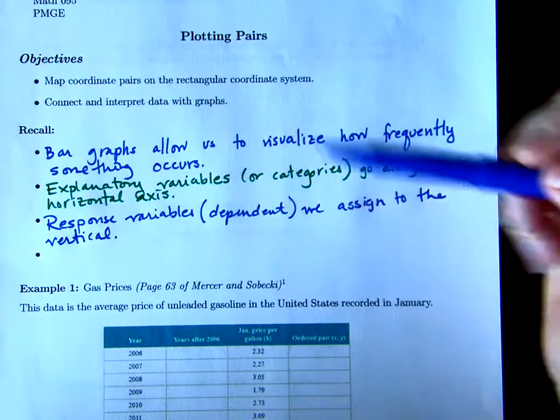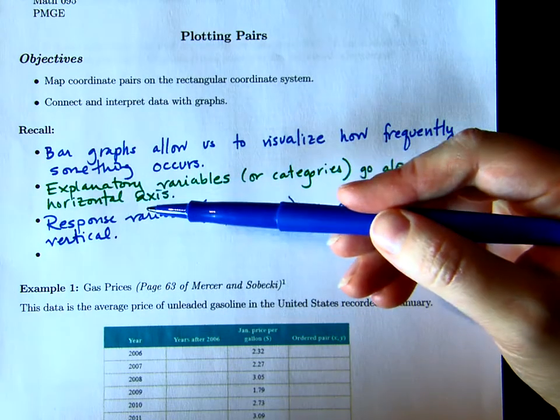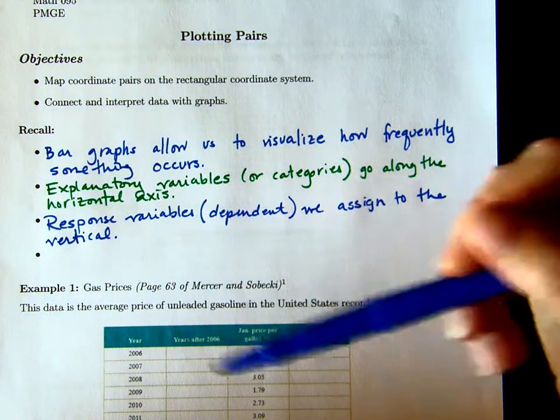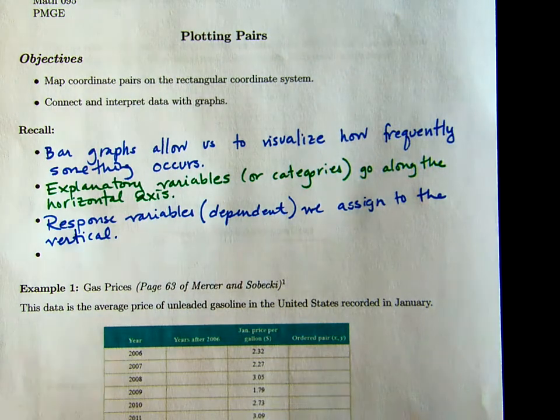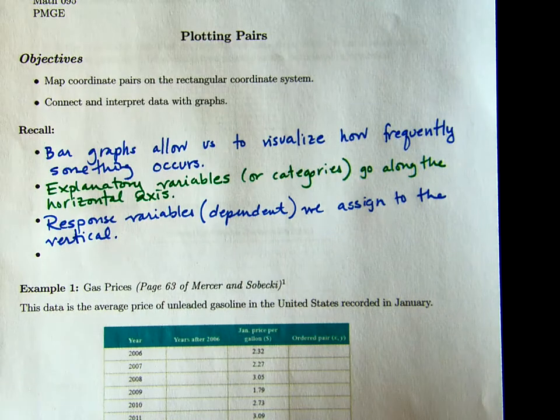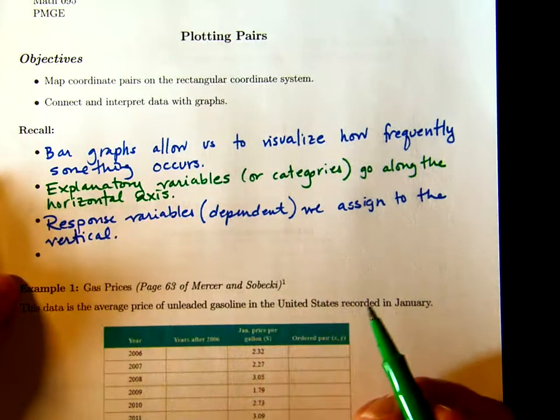And again, that's if we know that one is independent and explaining the other, and the other is responding to that explanatory variable.